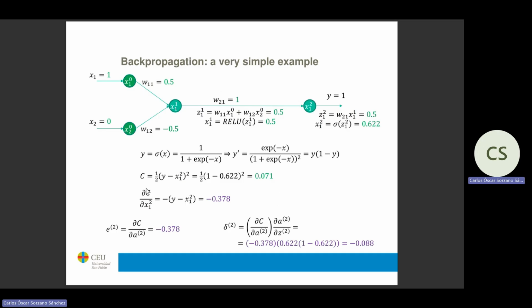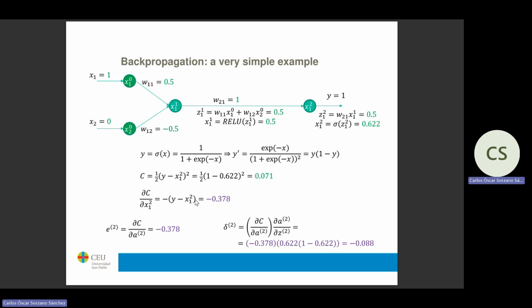So now we have to compute the derivative of the cost with respect to the output. So we have 1/2 of this thing squared. So it will be 1/2 times 2 times this term, and then the 2 times the 1/2 cancels.